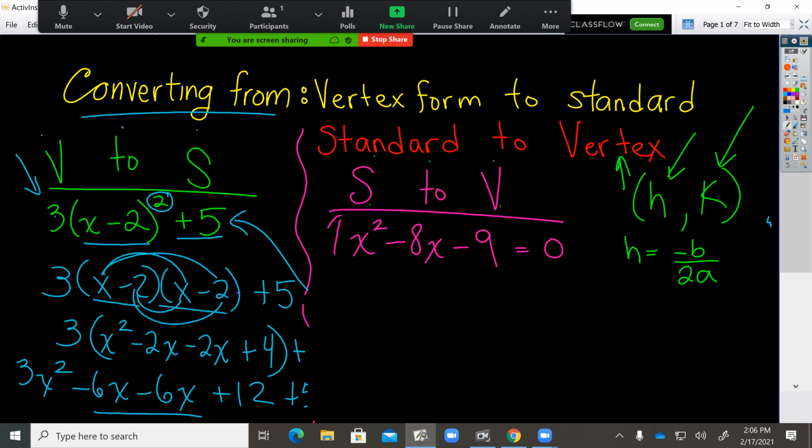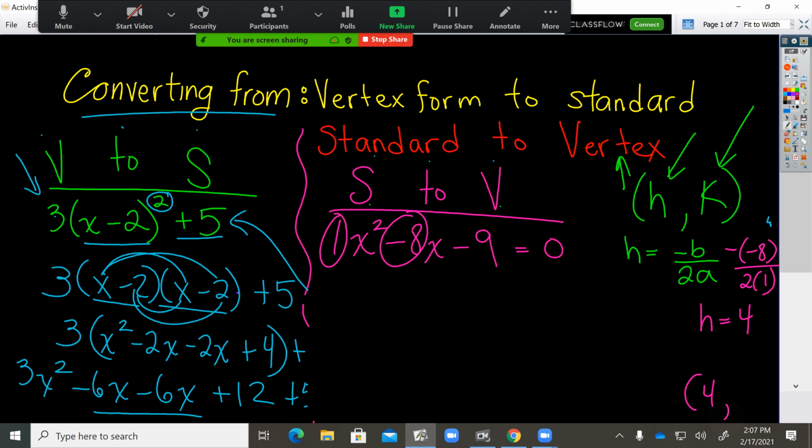So over here, a is 1, b is negative 8. So those are the numbers I'm going to plug in where b and a are. Negative, b is negative 8, so it's going to be two negatives next to each other. And on the bottom, we have 2 times positive 1, because a is positive 1. Now, if I divide that, it ends up giving me positive 4.